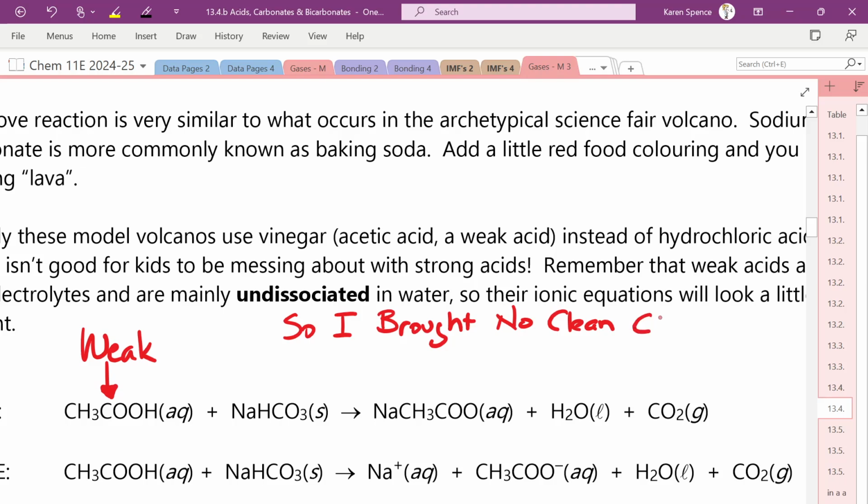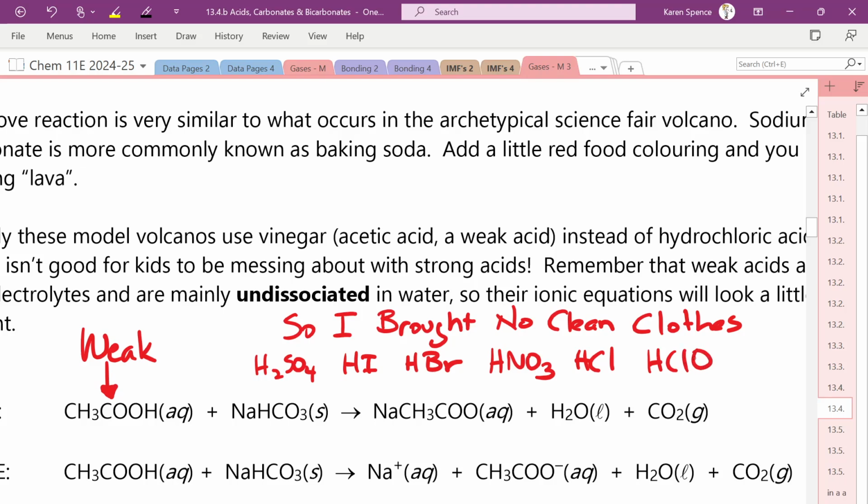You guys remember those? Even if you don't remember what each of these are, you know that's not acetic acid, right? Because we've got H2SO4, HI, HBr, HNO3, HCl, and HClO3. Those are our strong acids. So that means acetic acid is a weak acid.